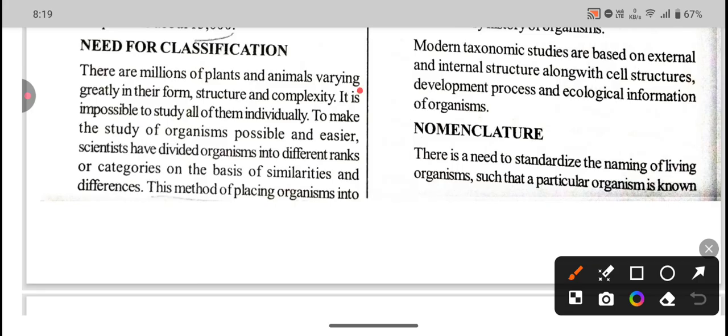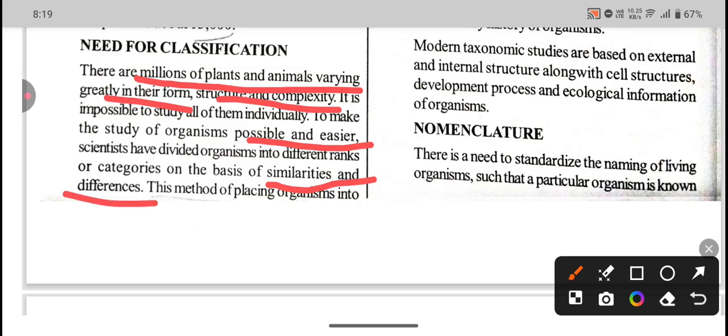There are millions of plants and animals varying greatly in form, structure and complexity. It is impossible to study all of them individually. So to make the study of organisms possible and easier, we need to divide them. The scientists have divided the organisms into different ranks and categories on the basis of similarities and differences.